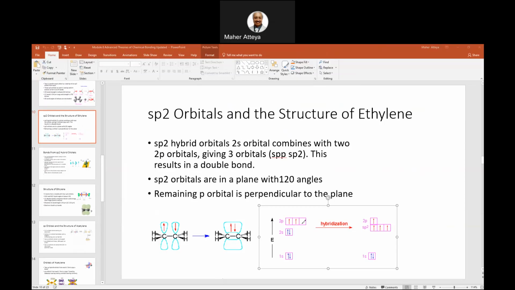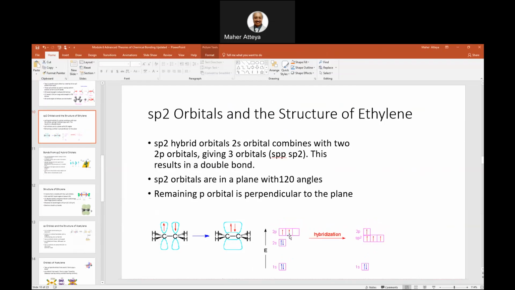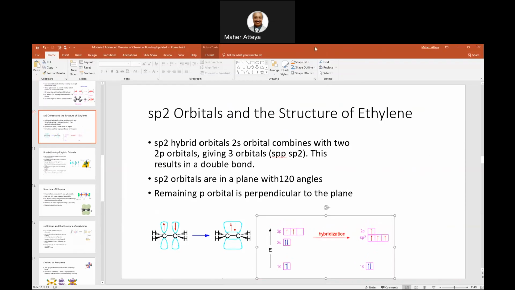If it goes up, one will hybridize. This is s here, and those are the two p's, correct?